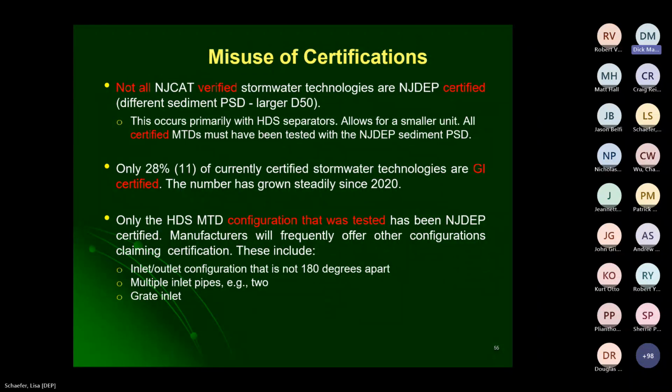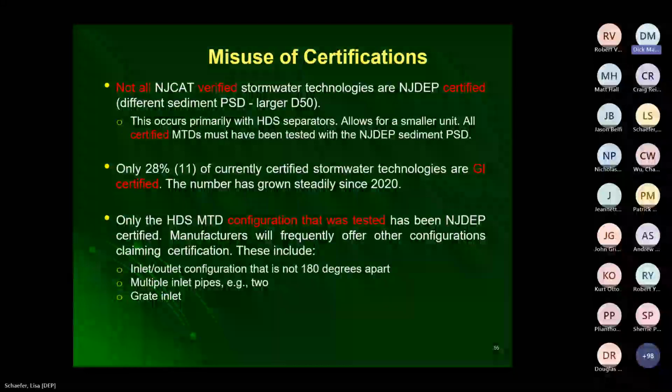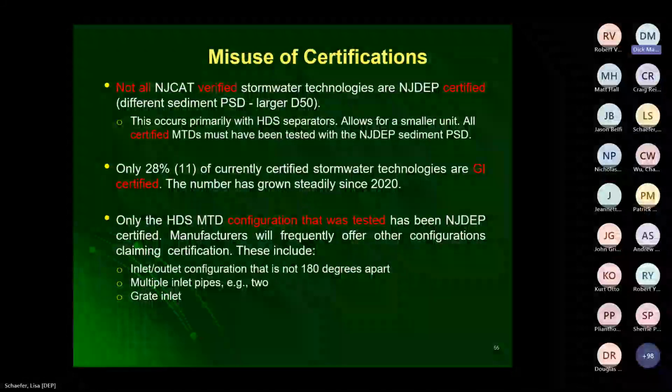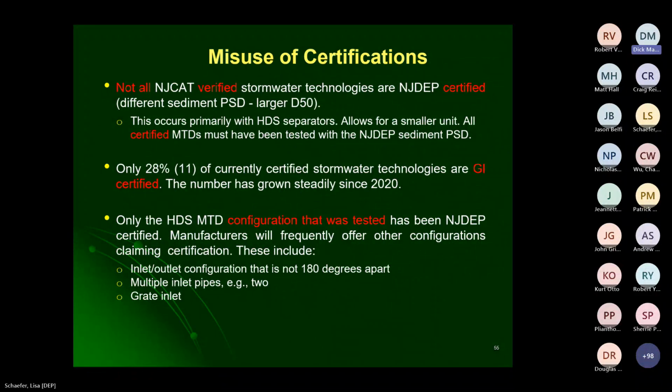Others I've seen come in with multiple inlet pipes, 2 in the site design. Obviously, that's going to change the fluid mechanics inside the device and its performance. And finally, in some cases, people have a grate inlet, a drop-down inlet, which is entirely different than the technology that was tested, verified, and certified.